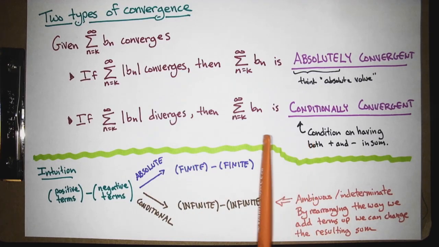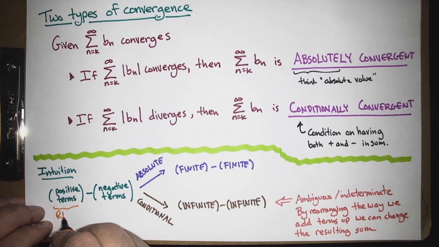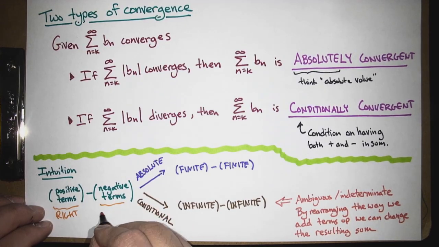When you subtract, you move to the left. Well, let me put all my positive terms together. That's all the times I move to the right. Let me put all my negative terms together. That's all my times I move to the left. So I have my right movement. I have my left movement.